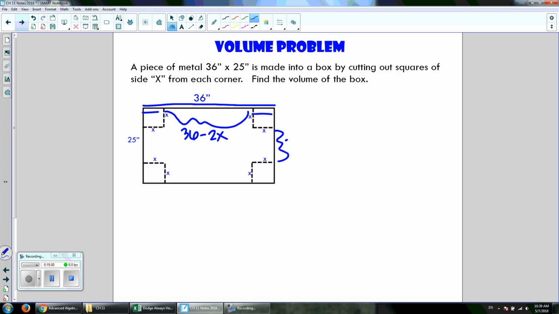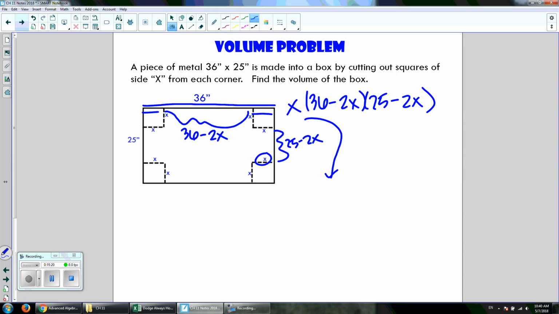Similarly, my width would be 25 minus 2x. So I could find the area by multiplying 36 minus 2x by 25 minus 2x. And then length times width times height, well, the height is x. So I'm just going to multiply that answer by x.